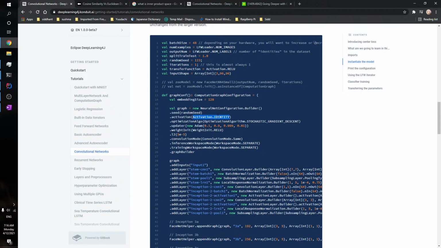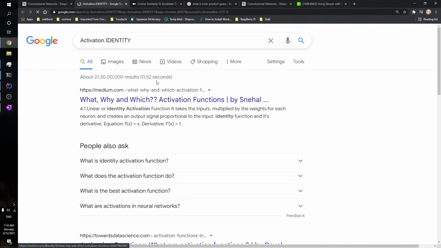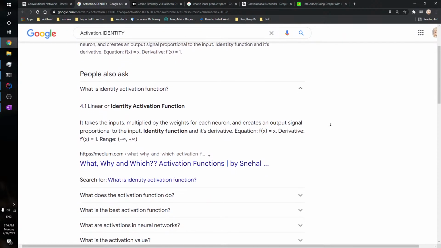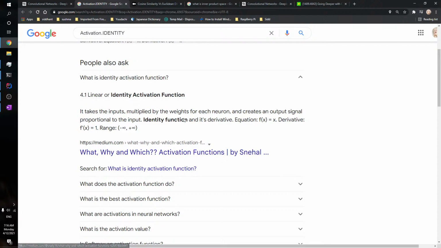Actually, no. What is identity? What is the identity activation function? Let's take a look at it.